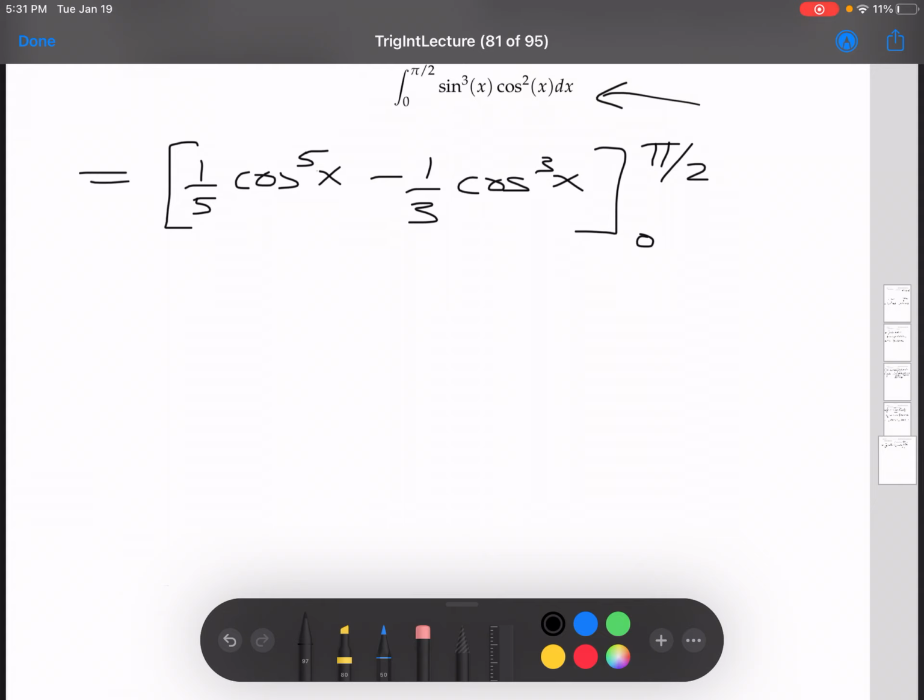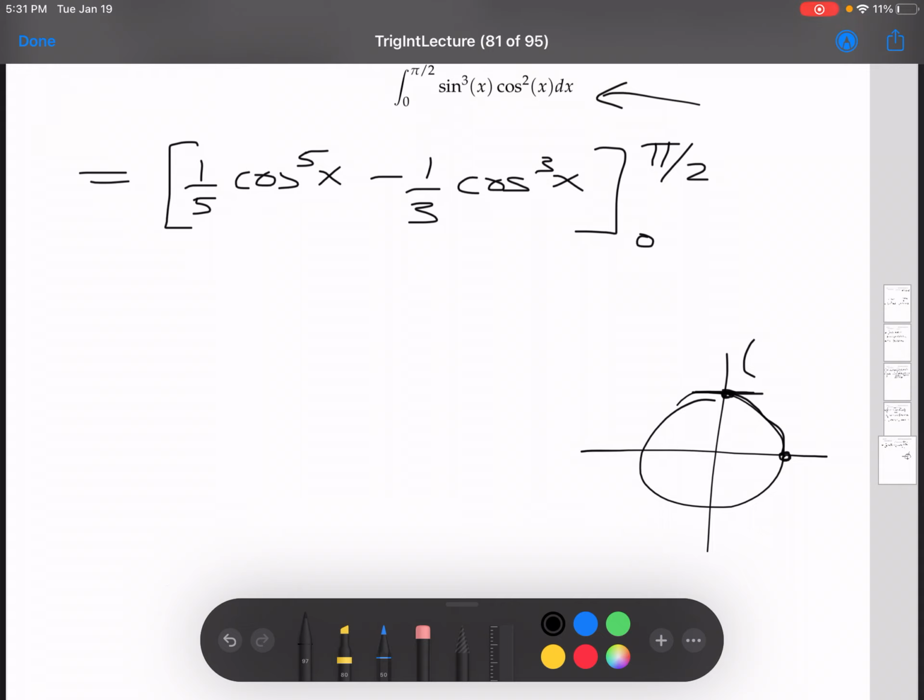Now cosine of pi over 2, let's think about what that is, because we're going to need to use that here. Pi over 2, you think of start here and going pi over 2, we end here, right? So that's going a distance of pi over 2. This is the unit circle, so the radius is 1.